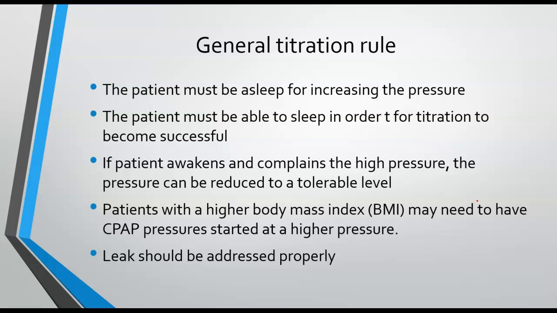You can start there, and once the patient starts sleeping, you can quickly go back to the previous level, in our example CPAP 10. You don't have to wait for respiratory events to gradually go to 10. You can immediately go to that level.